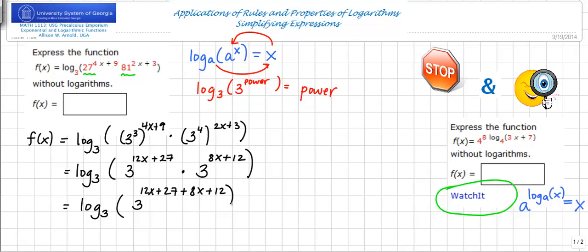That's a known rule of exponents. And then we would have log base 3 of 3 to the 20x plus 39 exponent. And then here I am at my rule, which is log base 3, 3 to a power is the power.